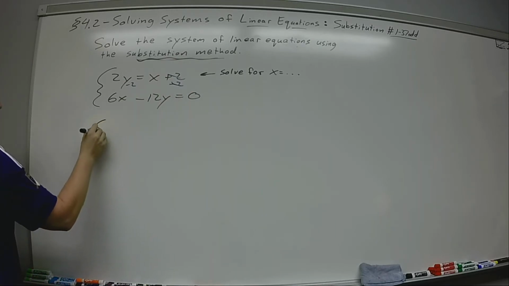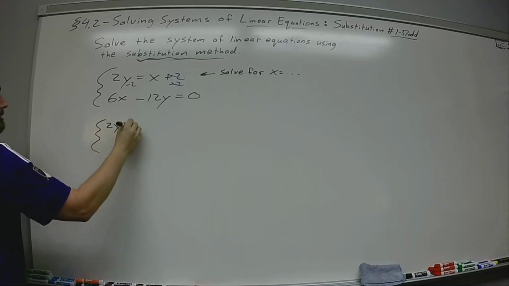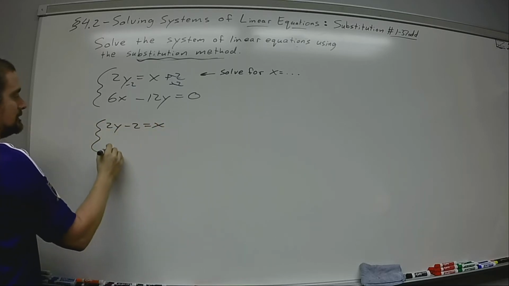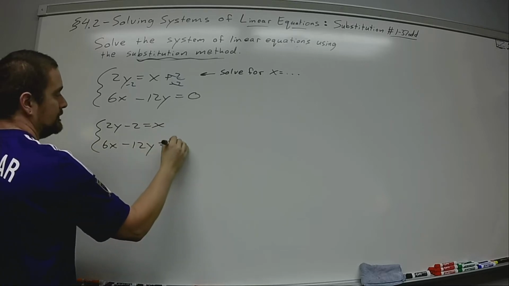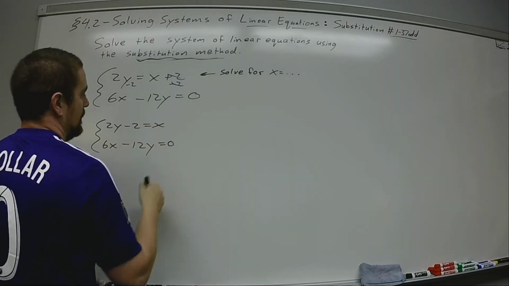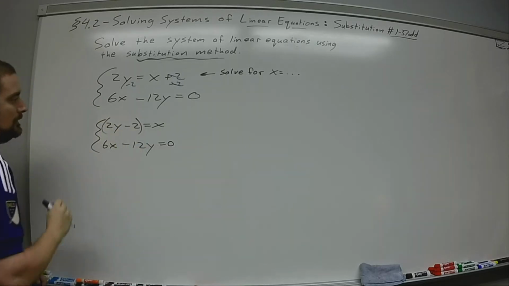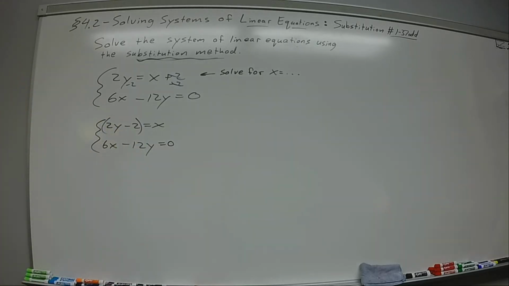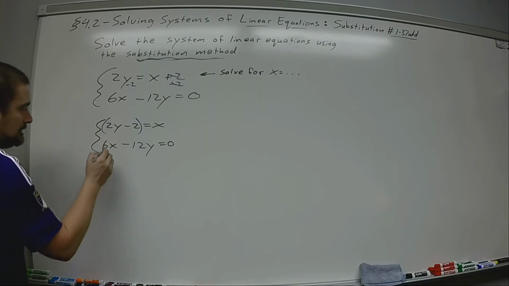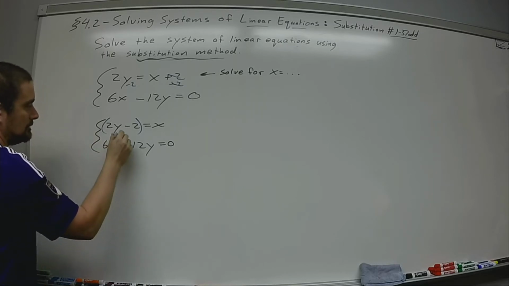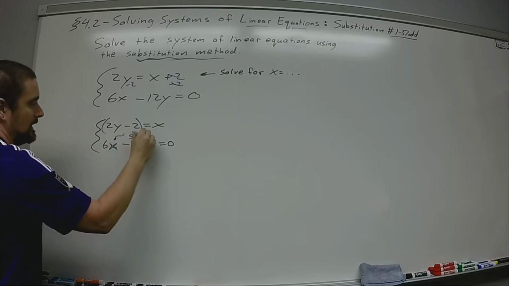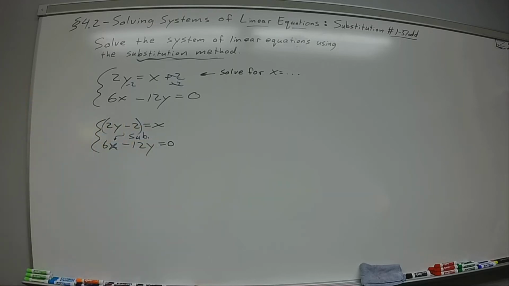So we'll rewrite the system. 2y minus 2 is exactly x. The second equation is still 6x minus 12y equals 0. Now, x is this expression, 2y minus 2. And x in the other equation is sitting right here after this multiple of 6. So let's go ahead and substitute that into the second equation.